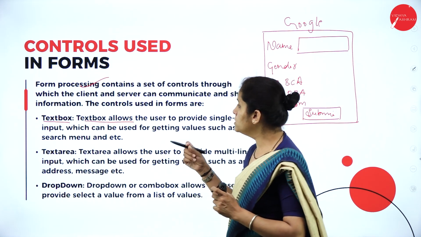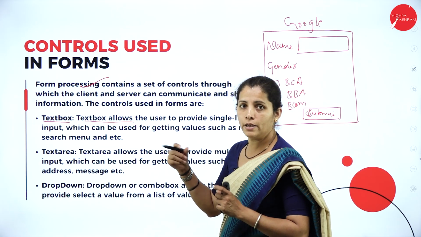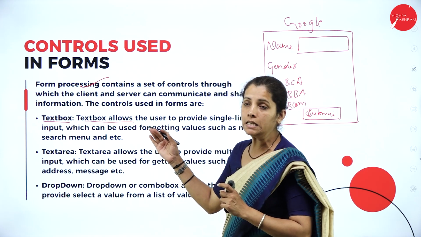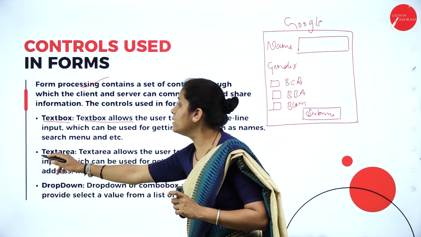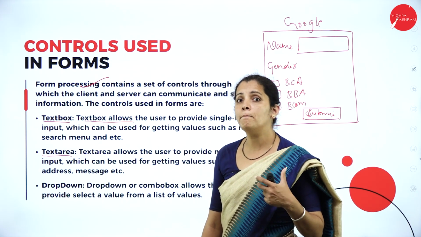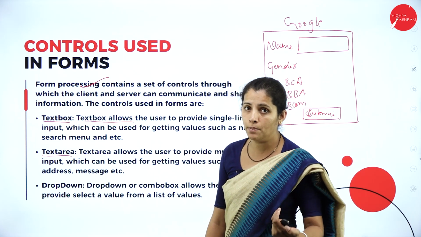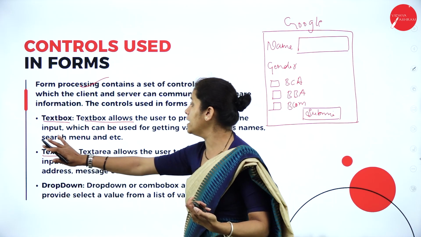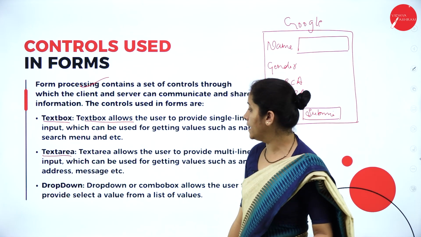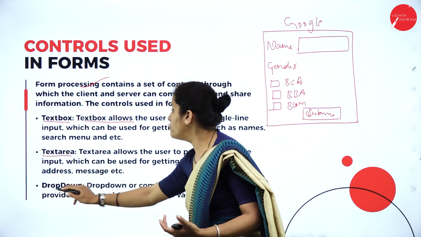So by using a text box, I can access only single line input. Then what about text area? When the user wants to provide multiple line input, then we will go with the text area. Multiple line in the sense what? More than 2 lines.